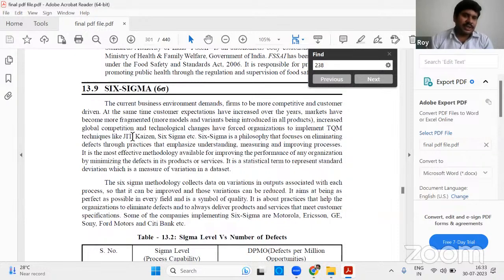Just in time means instead of keeping a lot of stock in the storerooms, whenever the production process is there, let us say today my production process is there, I want some raw material.